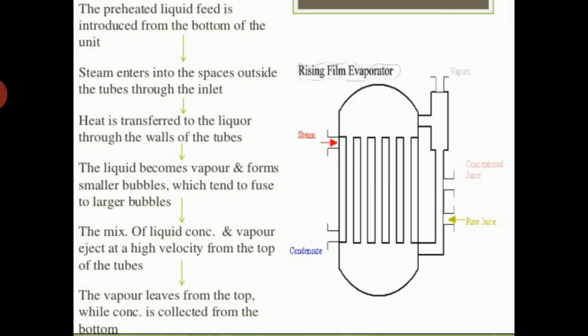In the steam compartment, 6 to 8 stainless steel horizontal tubes are placed.